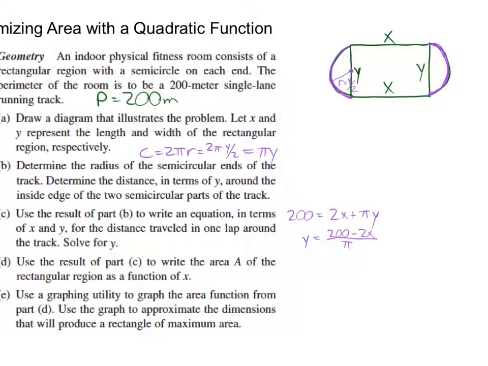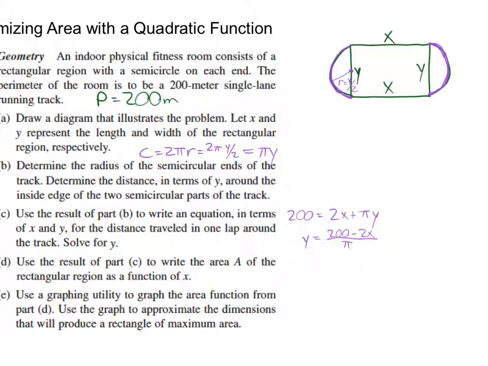All right, so part C, you wanted to write an equation for the distance traveled in one full lap. So you had this pi y for the circular parts plus the two x's, and we were told that that's supposed to be 200.